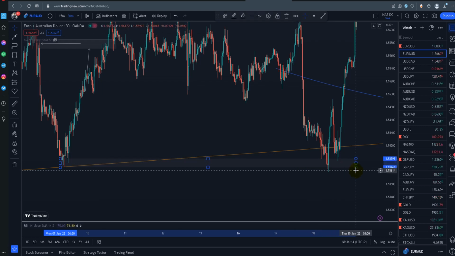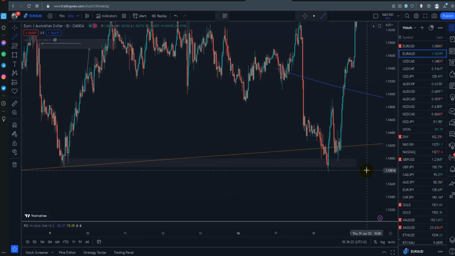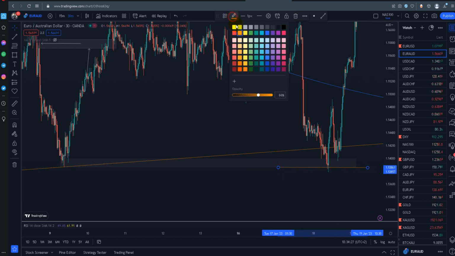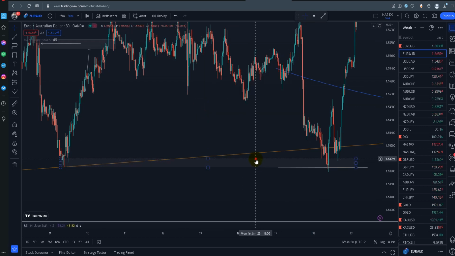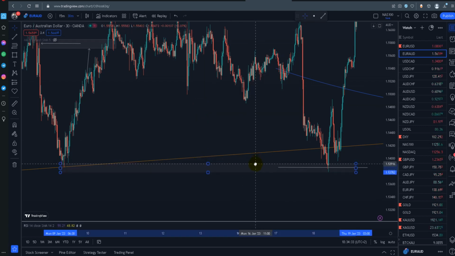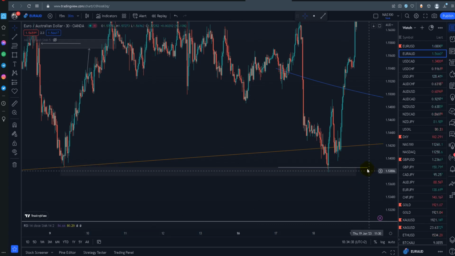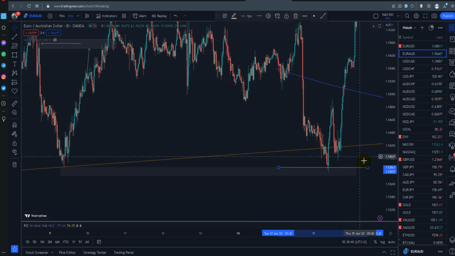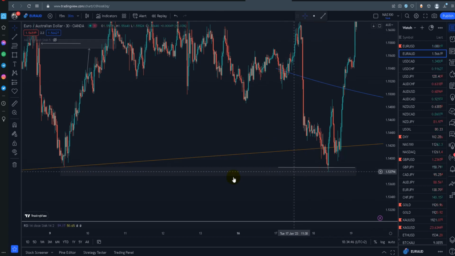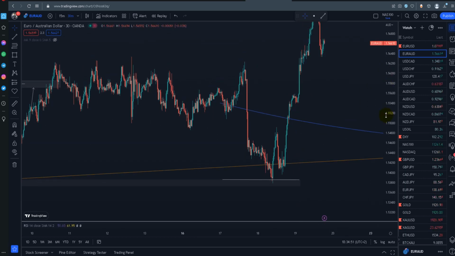Then mark the lower side of the block, and just move this block lower down to the line of that. Then you will see that this will be the sniper entry for the up wave on the daily chart.